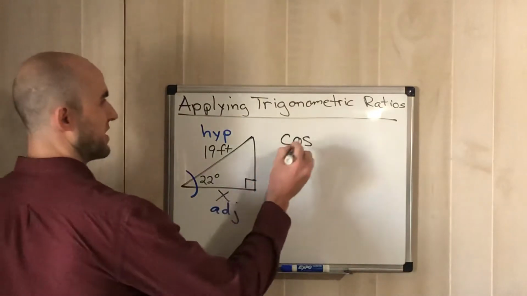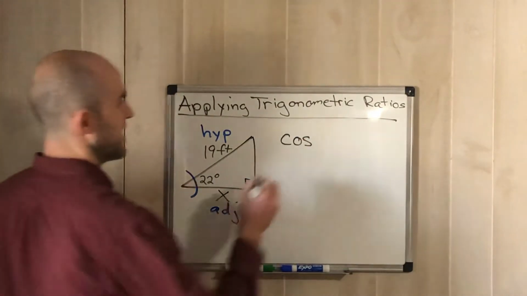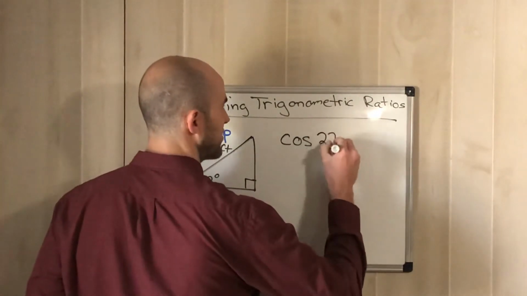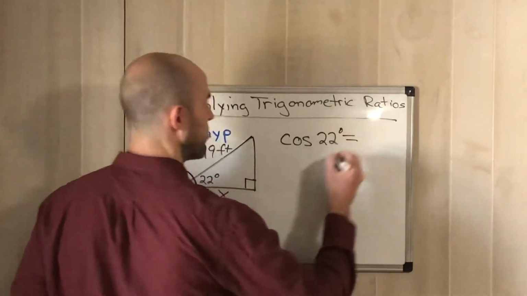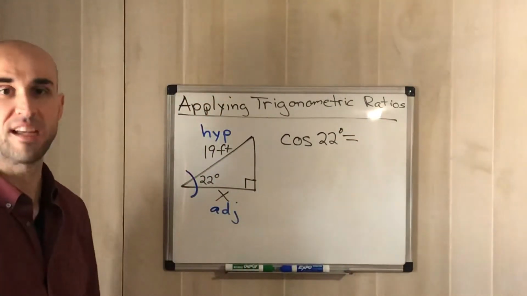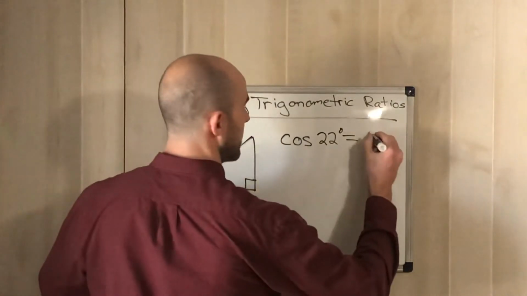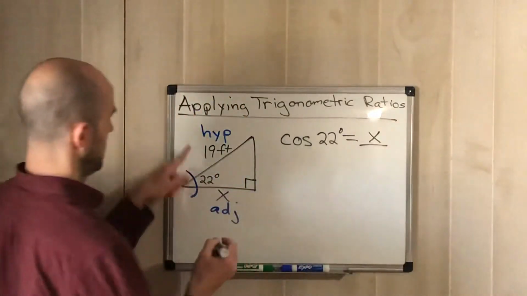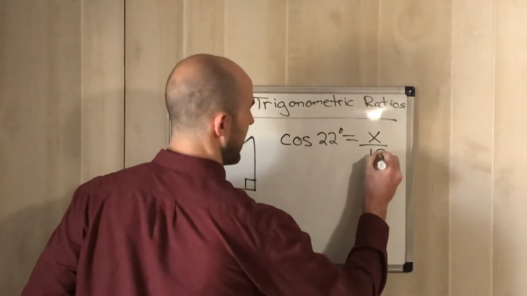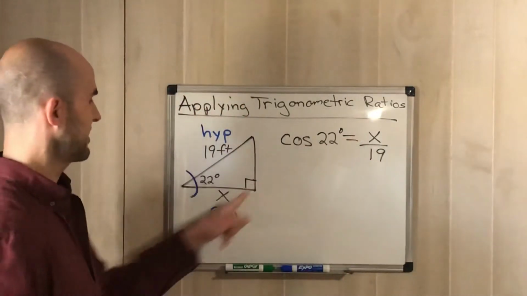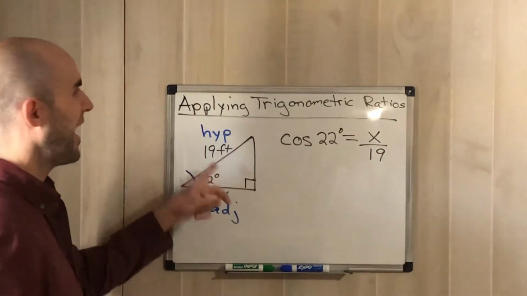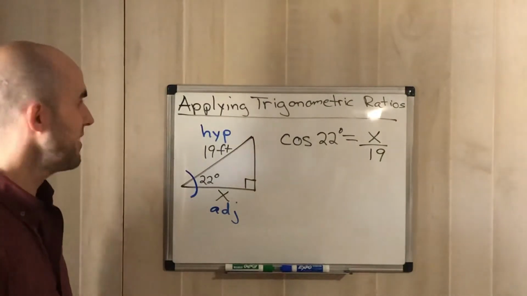So setting it up, it's going to be cosine. Remember, always angle goes next to it. Cosine of 22 degrees equals, now the formula for cosine is adjacent over hypotenuse, so it's going to be x over 19, right? I wrote it that way because x is adjacent, 19 is hypotenuse. That's our formula for cosine, right?